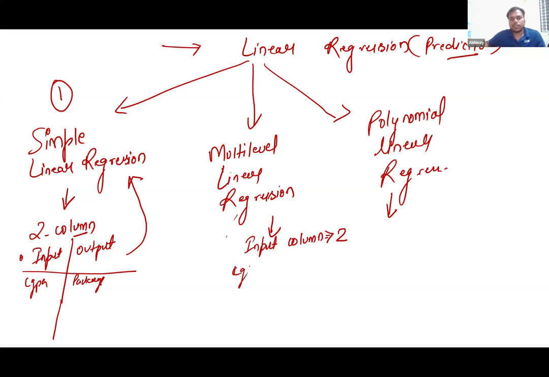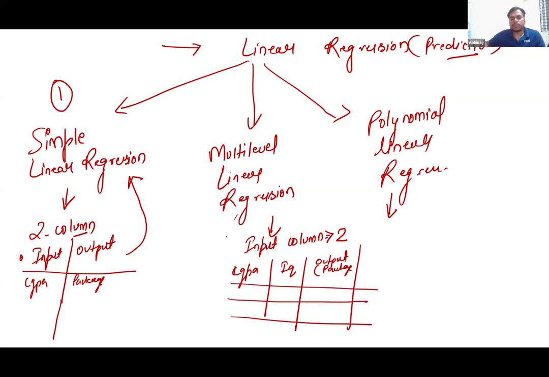Suppose we have CGPA and IQ as inputs, and at last there will be one output column, maybe package. Whenever you have two, three, or any number of input columns, we will use multiple linear regression. Now it's time to understand what polynomial linear regression is.